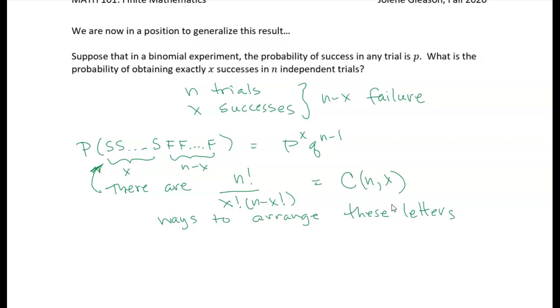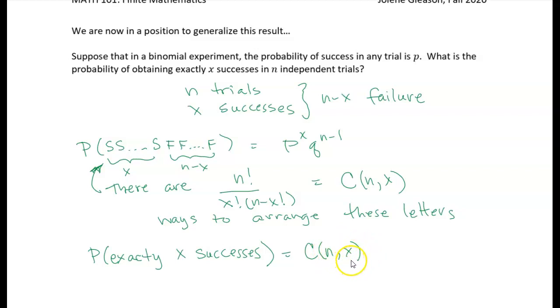All right, so if we want now the probability of exactly x successes, what we end up with is, we've got this many ways. We have the combination of n things taken x at a time.